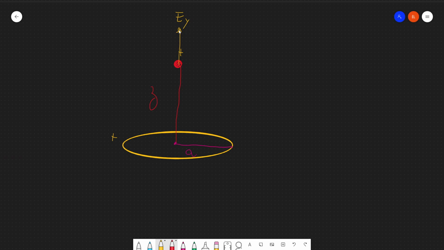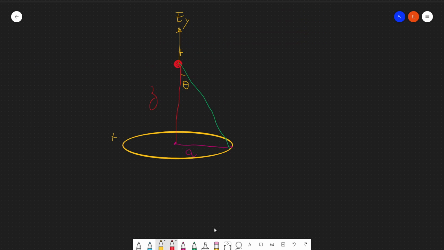This is what I truly mean. Say I have the distance from the particle to this particle over here on the ring, and I call this angle theta, I can say that EY equals E cosine of theta. So we want to calculate EY, not just E, because the EX component cancels out.